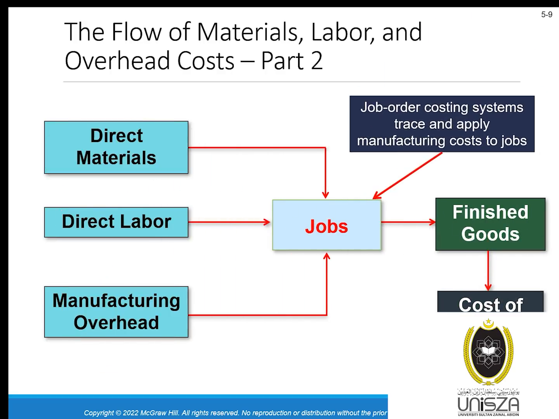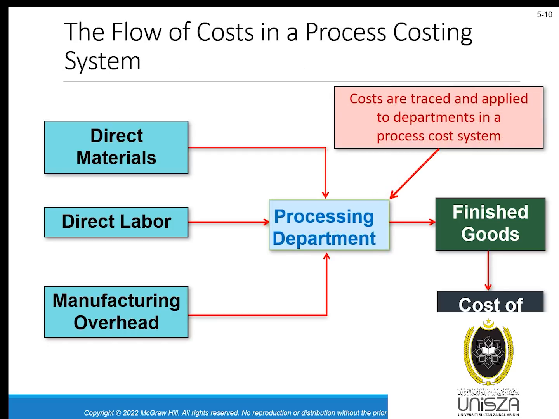Here is what we identify: under the job order costing system, we trace and apply manufacturing costs to jobs. Under the process costing system, the costs are traced and applied to departments. This is the difference that we can find here. It is by department, whereas under job order, it is by the job.